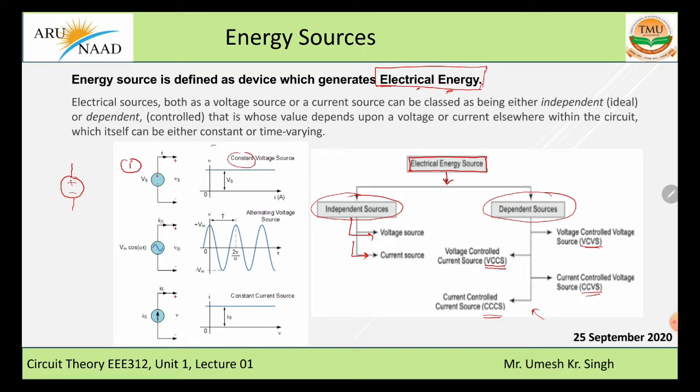Constant also means DC. So we can say that this is a DC voltage source or a constant voltage source.